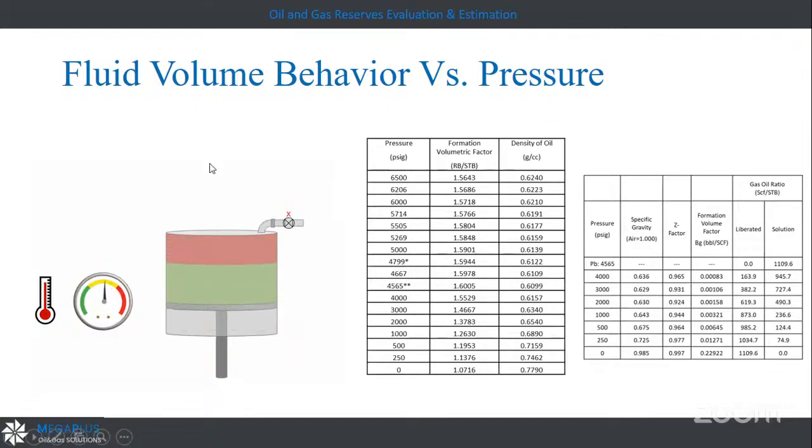In the CCE, we deplete the reservoir at the same temperature and then open the choke to produce it. By this test, at each pressure depletion we can get the formation volume factor and the Rs, or the gas oil ratio, in the reservoir, and of course we will have the gas oil ratio from the wells.